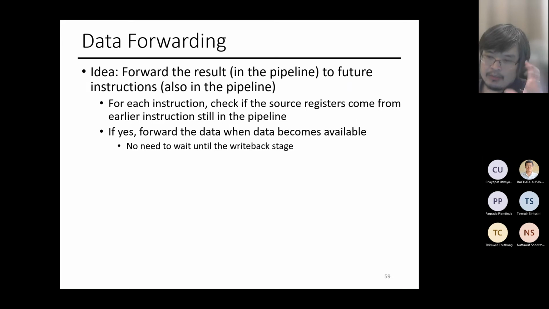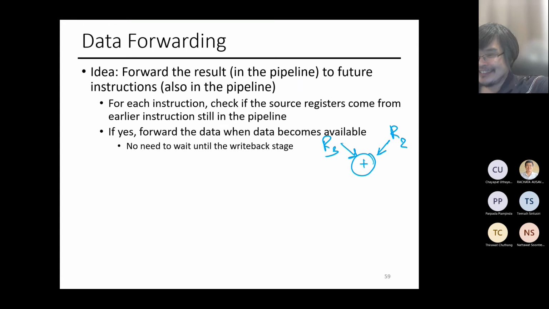So the step is you check, let's say you want to add 2 numbers, R2 and R3, together. You basically have to check who has the most recent version of R2 and who has the most recent version of R3. Are those instructions in the pipeline? If they are not in the pipeline, I can use the register file. If they're in the pipeline, get it from those instructions. All right.